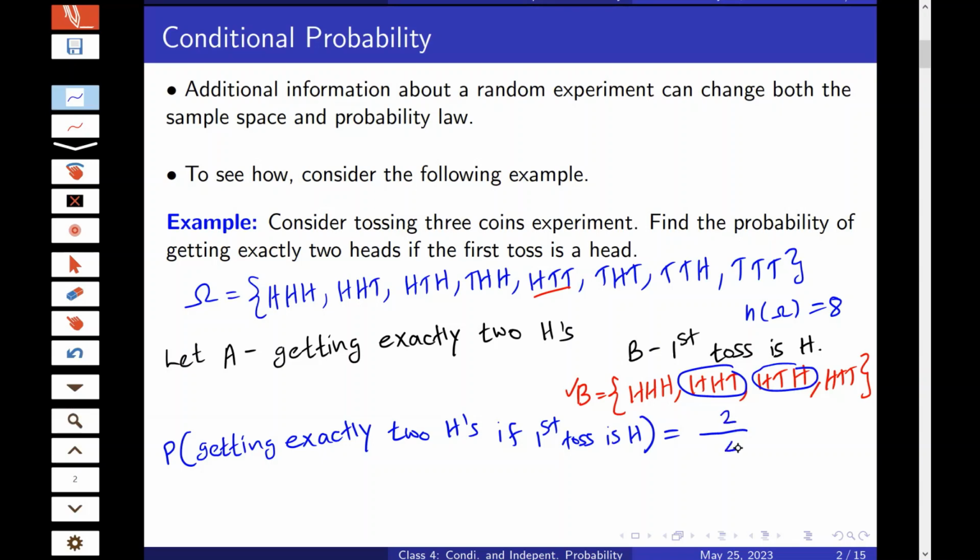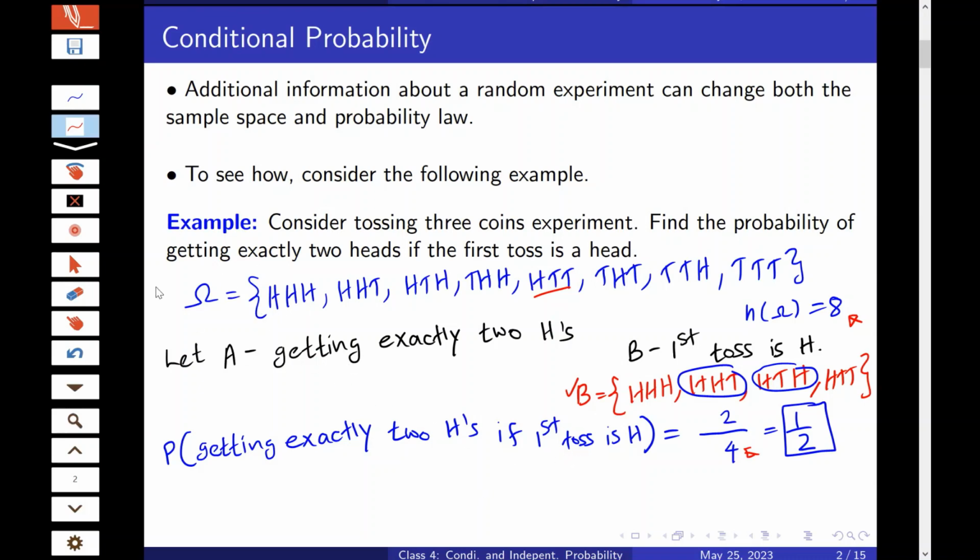So it is 2 out of 4, which is 1/2. Can you see the denominator now? It's going to change here. It's not 8 now. So far we did N(A) over N(omega), but in this case the sample space has changed because now we are assuming B happened. If B happened, what is the probability of getting exactly 2 heads?